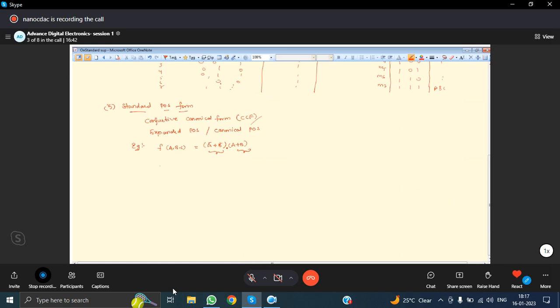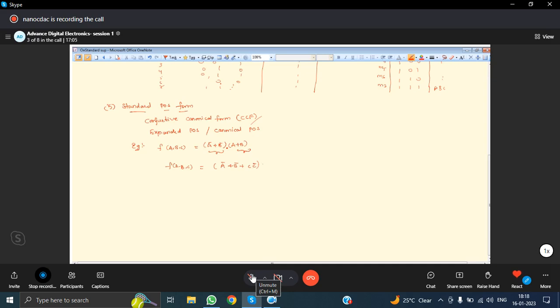In standard POS form, for the same function with variables A, B, C, you need to expand it. Here you need to use the distributive law. A bar plus B bar plus C times C complement, where C complement times C is 0 anyway.